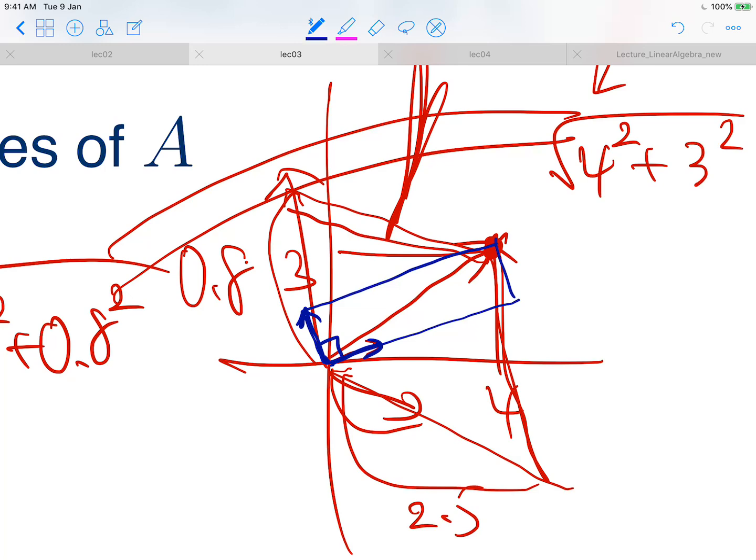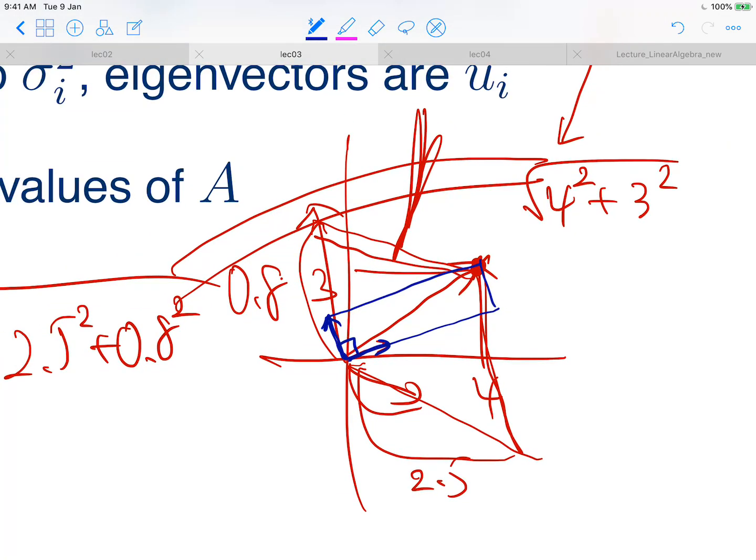Then we can think of their scalar multiple with respect to the new basis. In this case, the vector norm, in terms of the 2 norm, will still be the same as this value. So does it make sense?